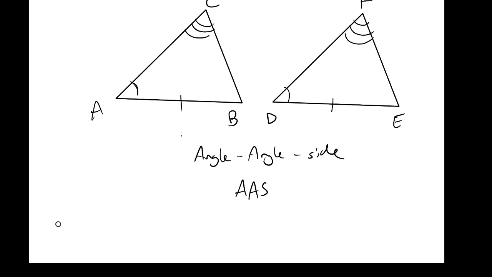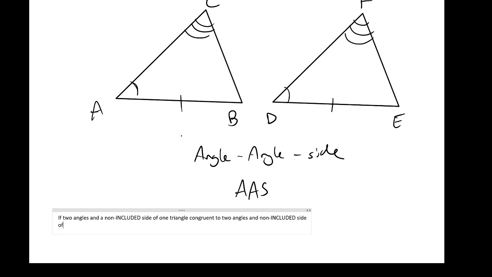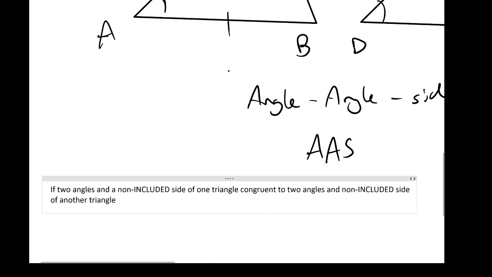So what angle, angle, side is saying is that if we have two angles and a non-included side of one triangle congruent to two angles and the non-included side of another triangle, then the triangles are congruent.